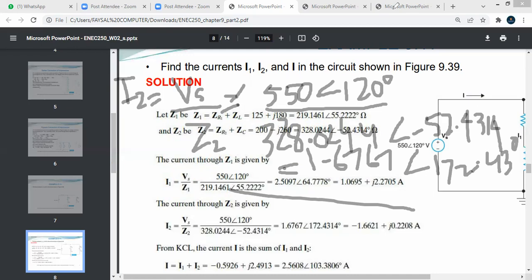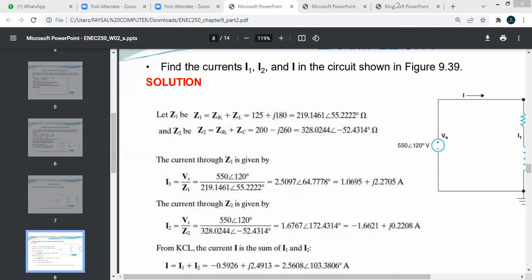So for this, this is my I1, the value of I1 I found using the formula is 2.5097 with the angle 64.778 degree.